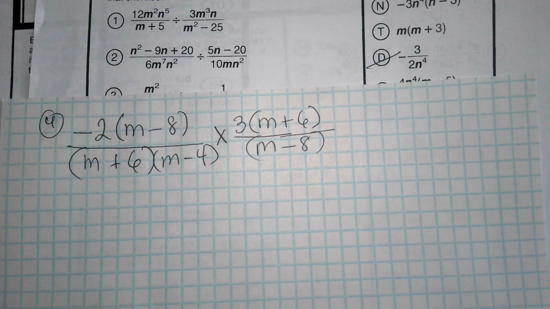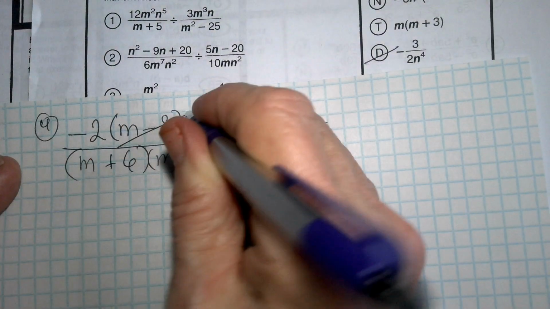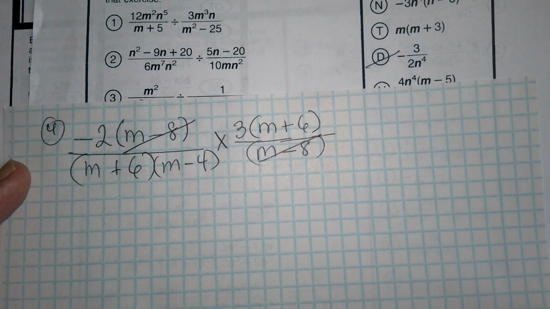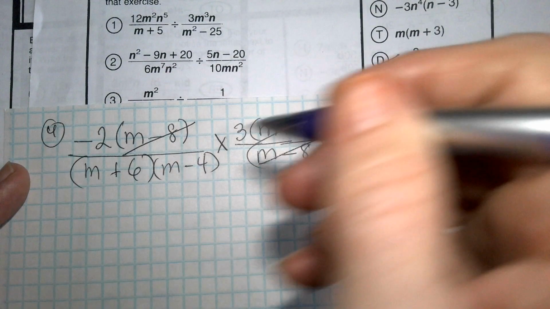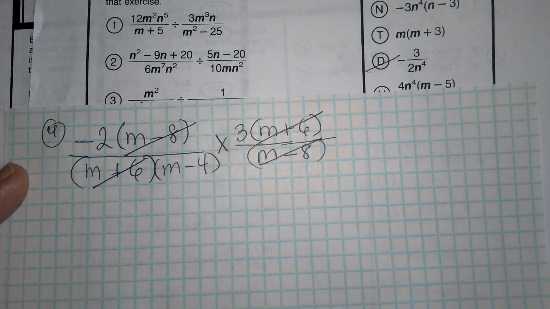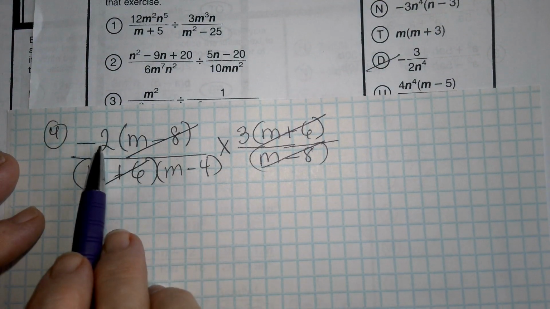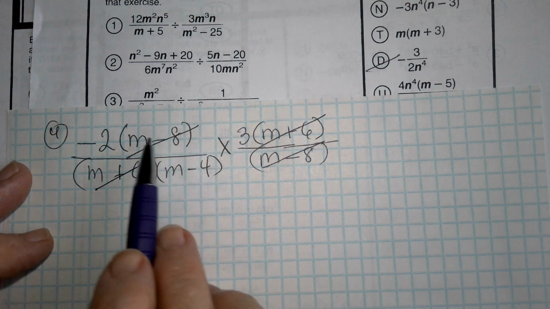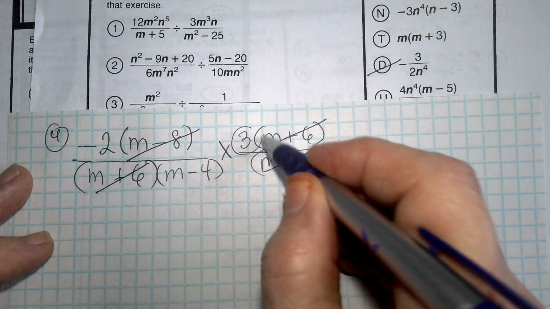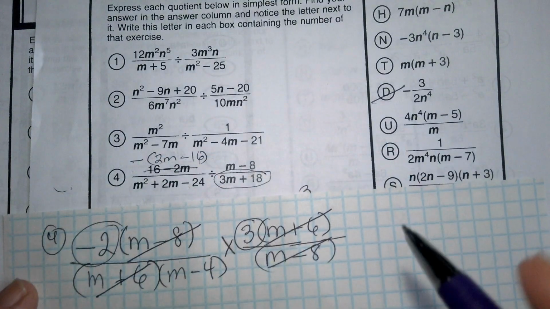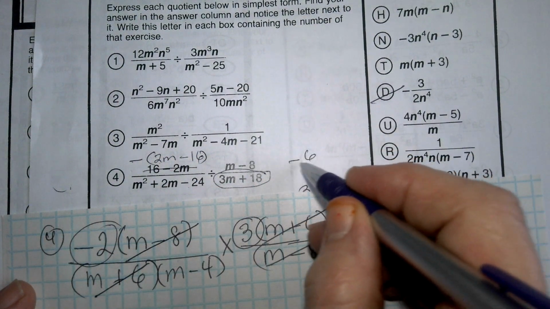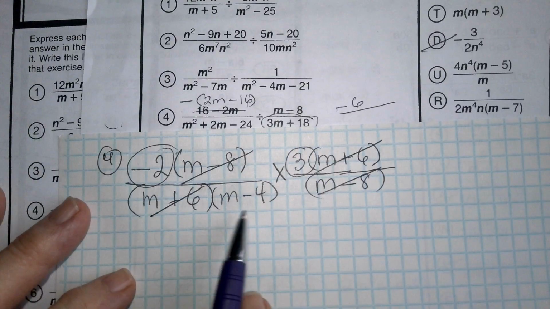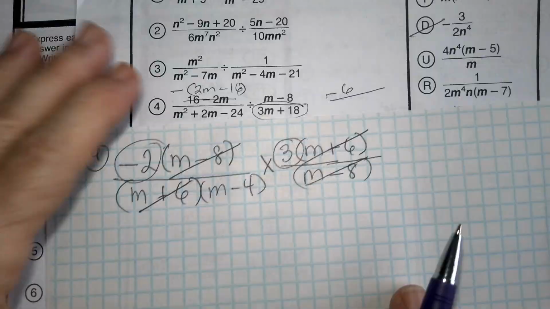Then can you see anything that's going to reduce? M minus 8. Anything else? M plus 6. And that big whole problem ended up being, what's a negative 2 times 6? I'm sorry, negative 2 times 3. Negative 6. So it's going to be a negative 6 over m minus 4.